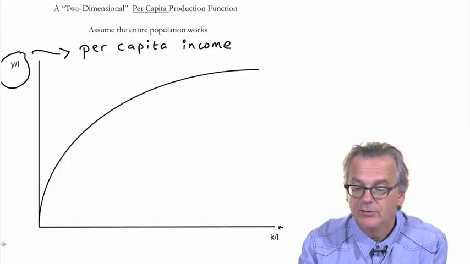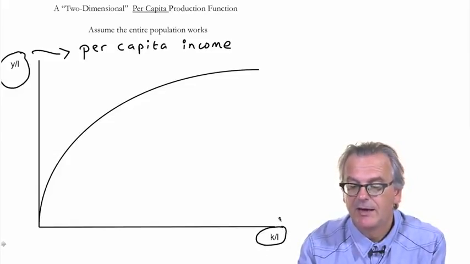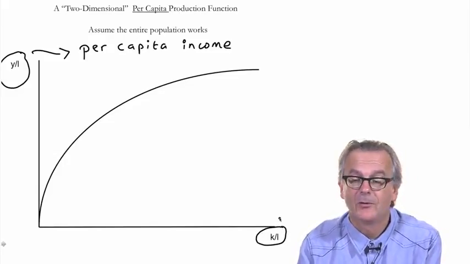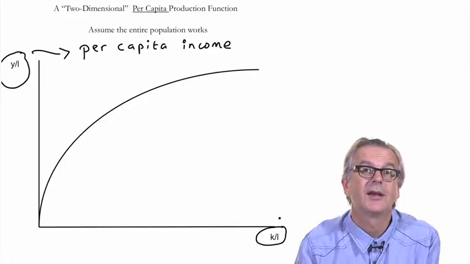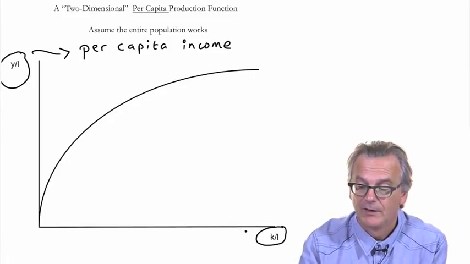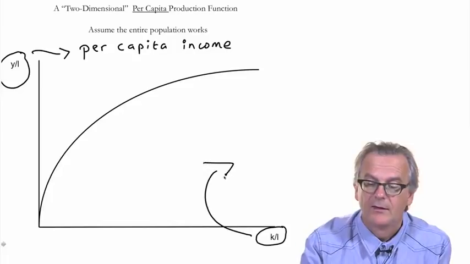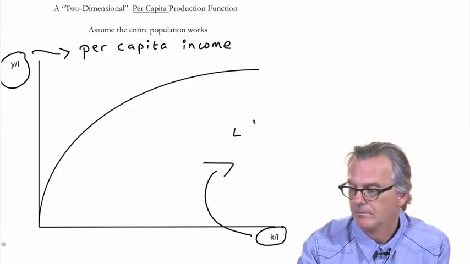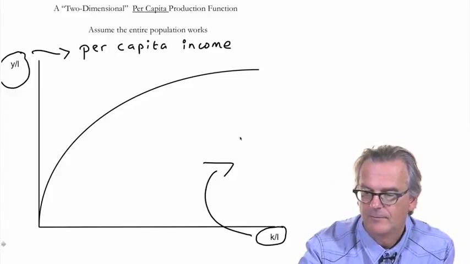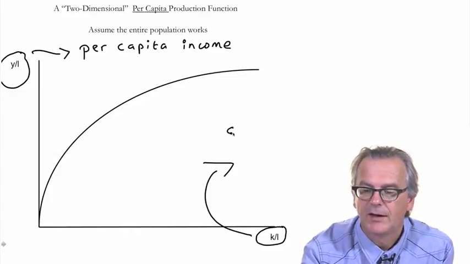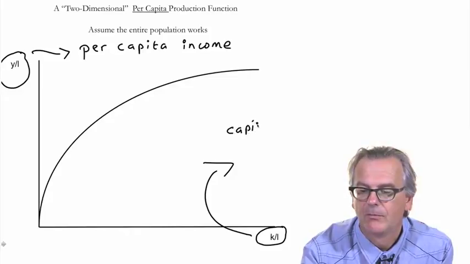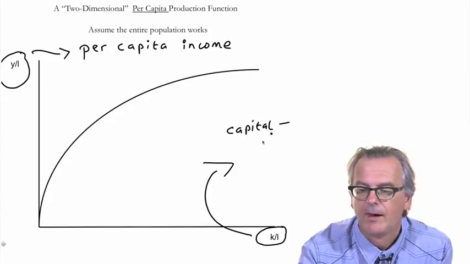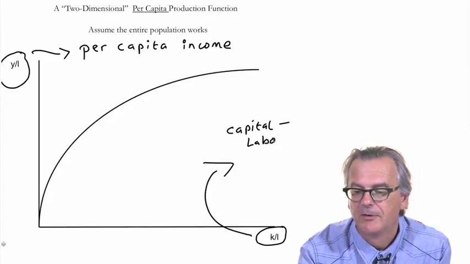On the horizontal axis, I have the amount of capital relative to the number of workers. That is known as the capital labour ratio.